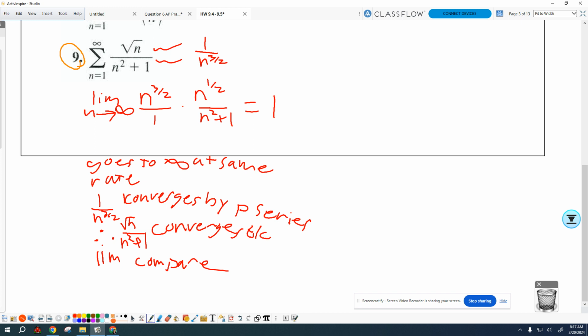Couldn't figure out. Okay, so what do you think? It says the limit of these two things went to one. I can't pronounce it. Yeah, because theta sounds like, I don't know.